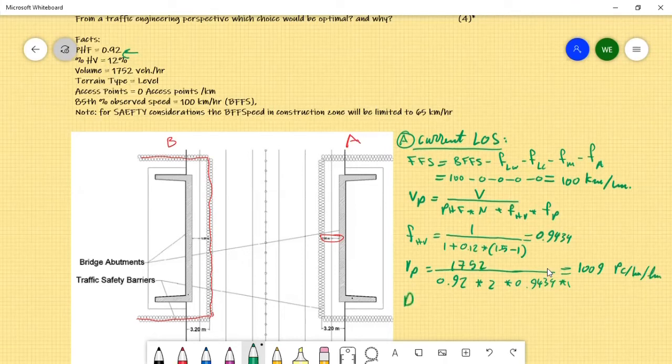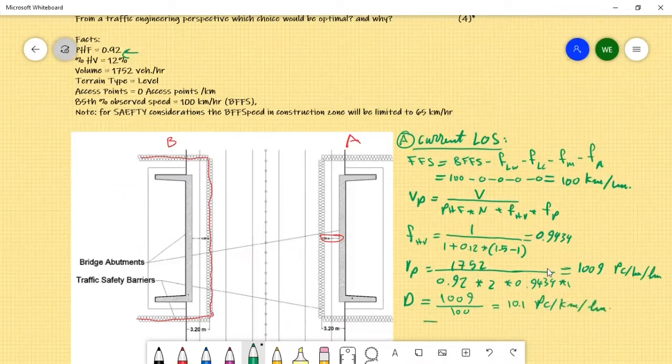So the density will equal 1009 divided by the free flow speed, which is 100. So we have a density of 10.21 passenger cars per kilometer per lane.